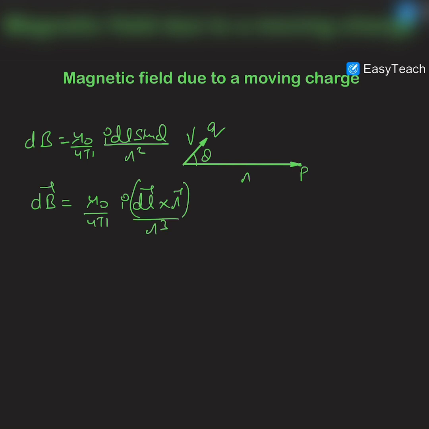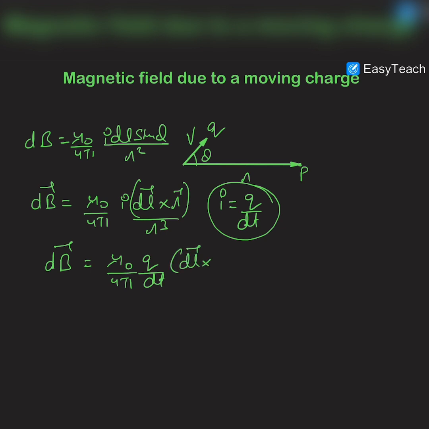Now we can say that if this charge q is moving by a small distance dl, then the current produced will be q by dt, where dt is the time in moving this small distance dl. So dB will be equal to mu naught by 4 pi I, and I can be written as q by dt, and this will be dl cross r vector divided by r cube.